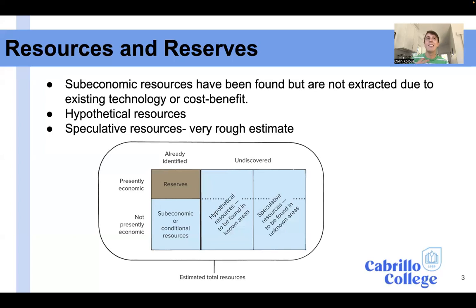So expanding our current understanding and leaving some room for scientific discovery, because there is advancement still happening in the mining space and resource recovery. And then that whole thing creates our estimated total resource. How much we could ever possibly have access to is all of these things added together.